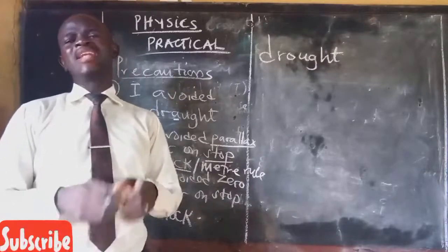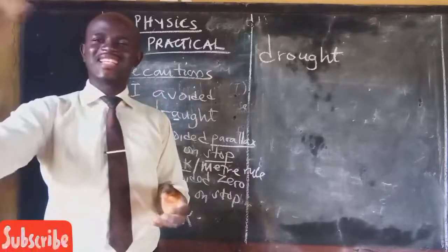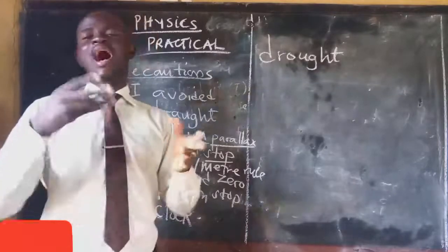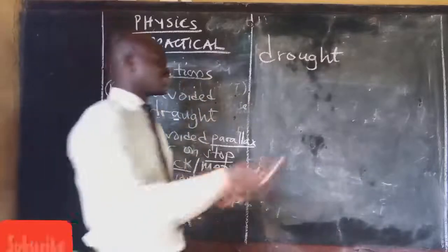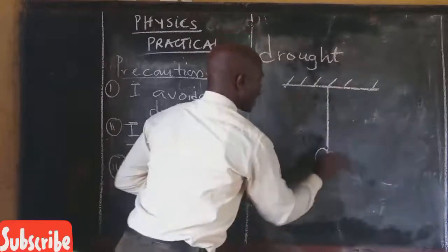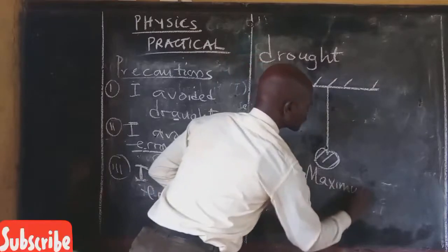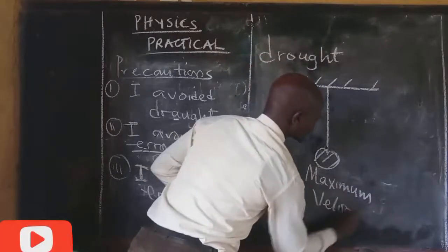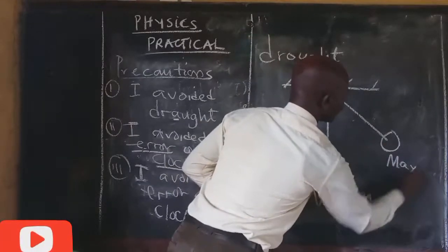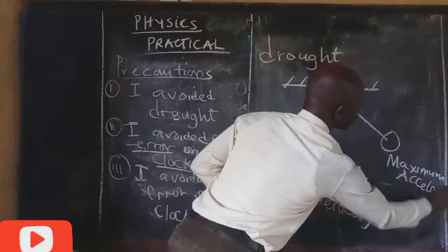And then I remember in a particular year, the question says, sketch a simple pendulum and show where there is maximum velocity and maximum acceleration. So in that year, this is the particular point that we have maximum velocity, and this is where we have maximum acceleration.